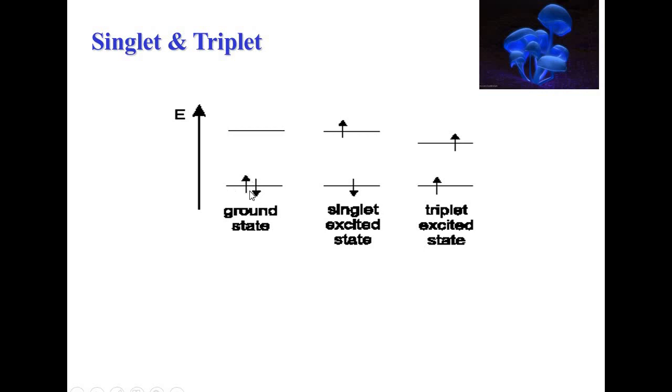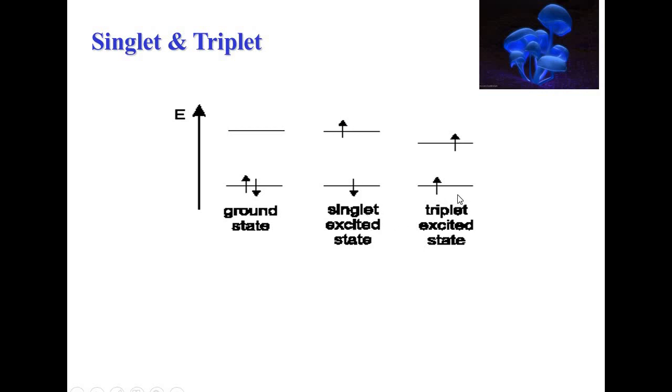Here both the electrons in the ground state have opposite spins. Hence it is known as singlet ground state. The next is the singlet excited state. Here the electron in the ground state has opposite spin to the electron in the excited state, and this is known as singlet excited state.